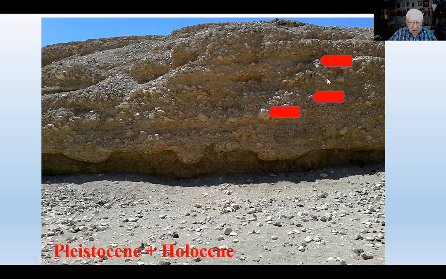And next, a younger generation of sediments, there are Pleistocene sediments and Holocene, where there are flints at third, fourth, and fifth position. And of course, the same flints are present everywhere.